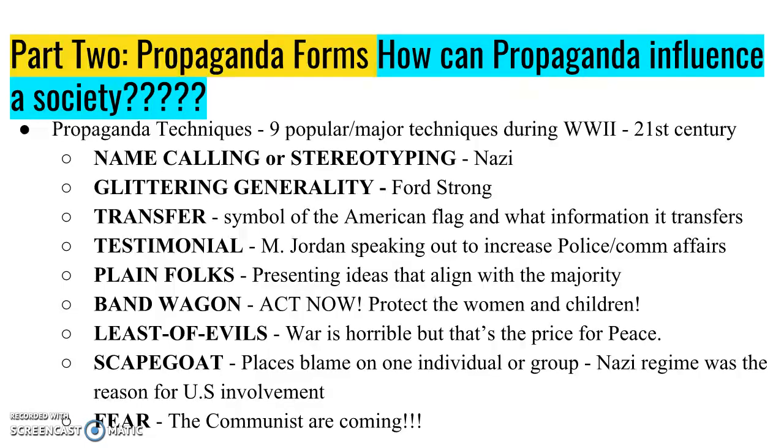Bandwagon propaganda is an example of, act now, protect the women and children. Least of all evils propaganda is, war is horrible, but that's the price to pay for peace. And scapegoat, which we've already talked about, anti-Semitism, places blame on an individual or group. And then last but not least, fear, the communists are coming, places fear into the society to persuade them to act upon their fears.